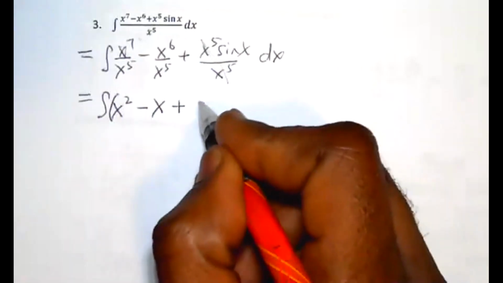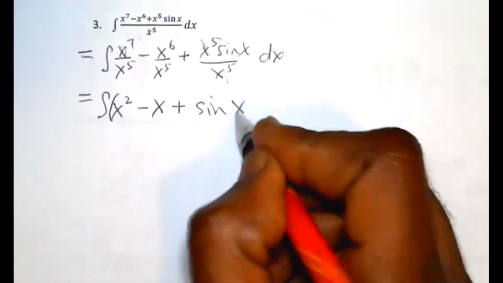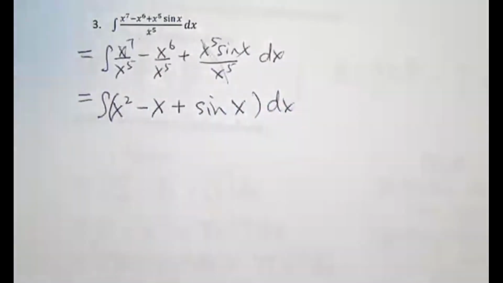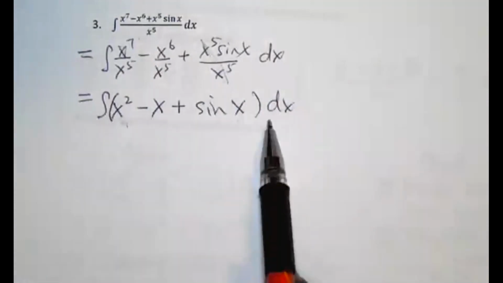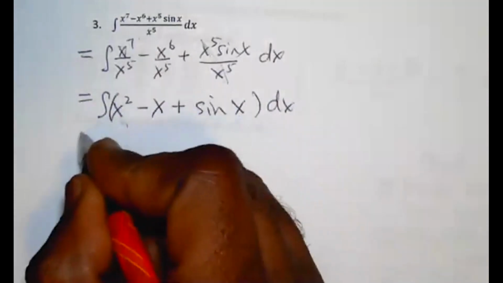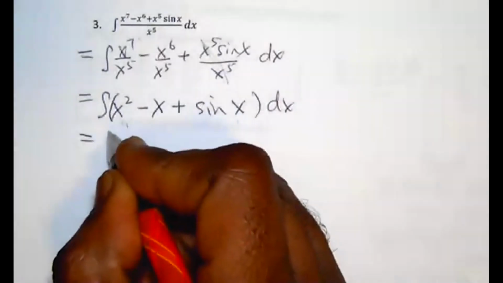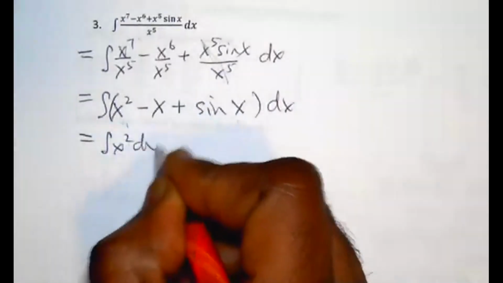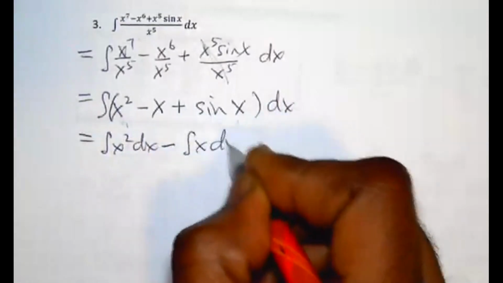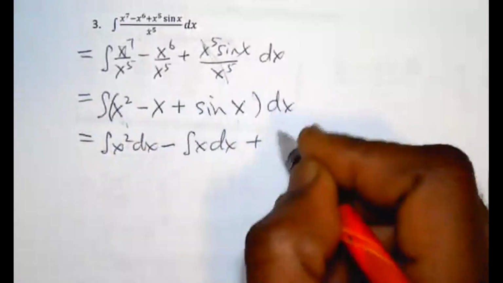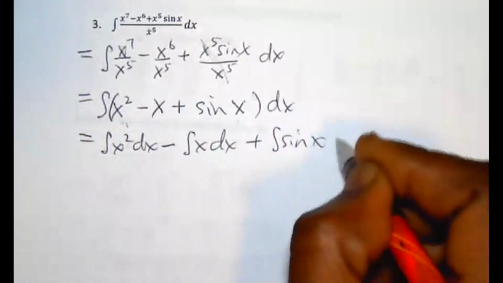So I have sine x dx. So this is simplified. So it fits into a format that we can easily take the integral of. So if I apply the sum and difference rule here, then we have integral of x squared dx minus integral of x dx plus integral of sine x dx.